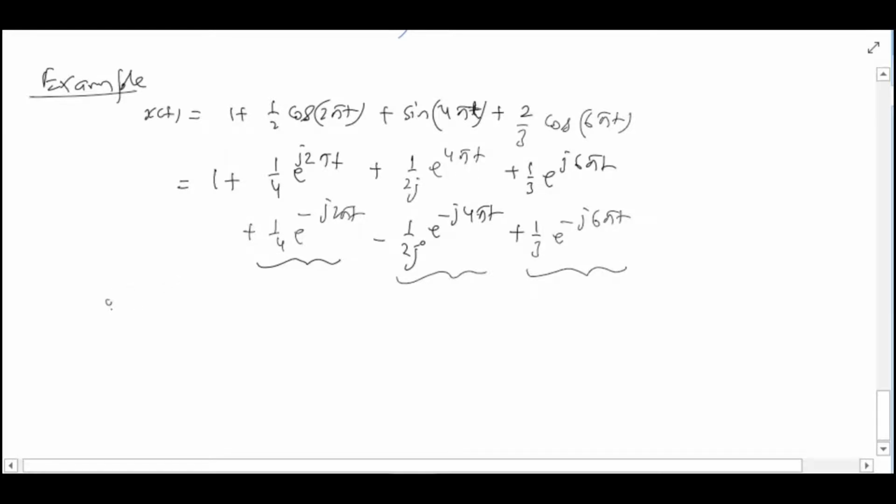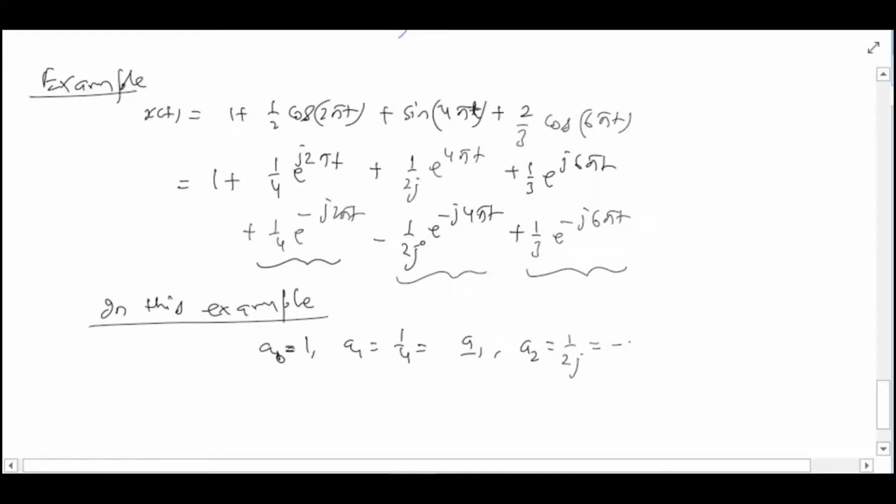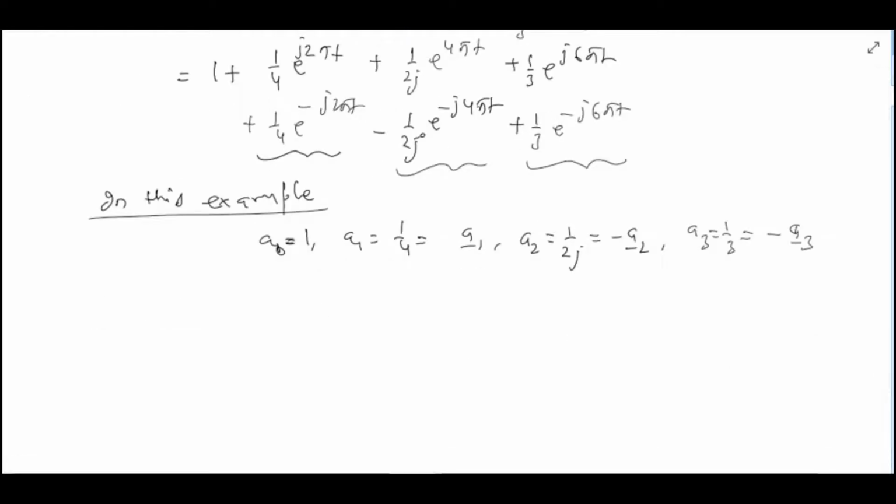In this example, a naught is 1, a1 is 1 by 4, which is the same as a minus 1, a2 is 1 by 2j, which is the negative of a minus 2, and a3 is 1 by 3, which is the same as a minus 3.